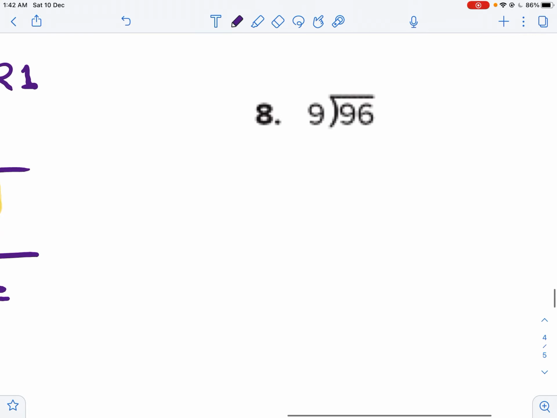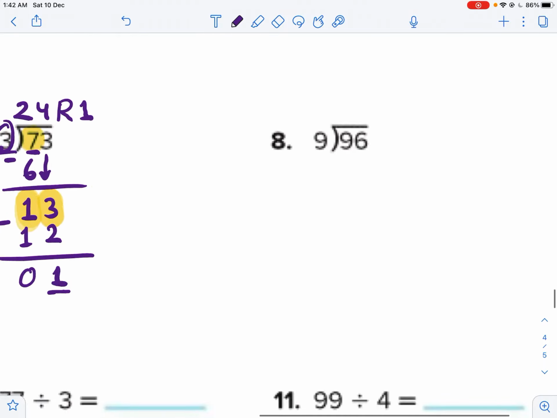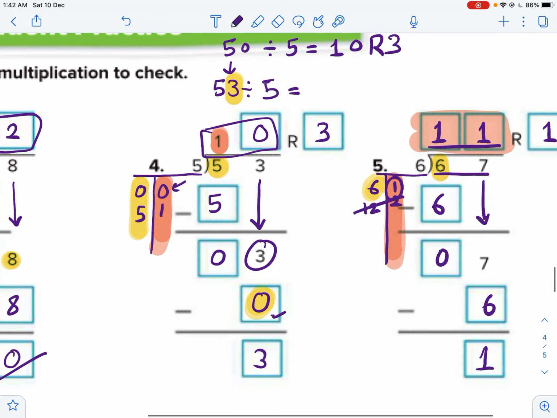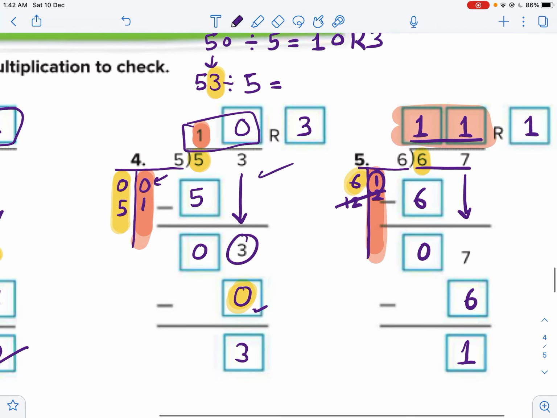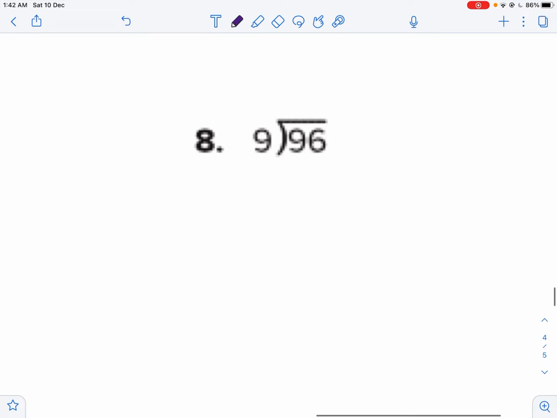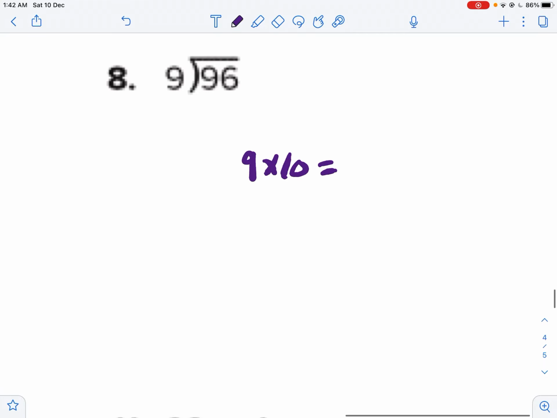Now let's do this problem. Here you have 96 divided by 9. Now this problem looks like this one. You can do it just from looking. We know that 9 times 10 equals 90. 5 times 10 equals 50.